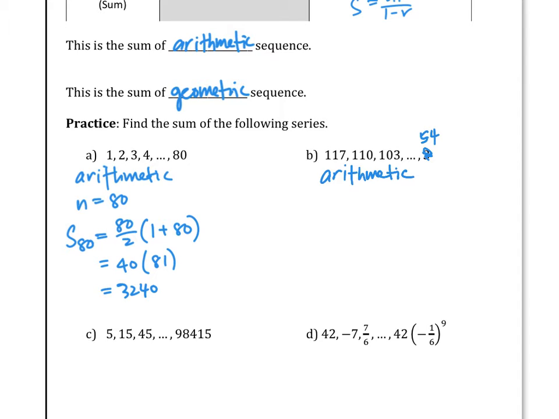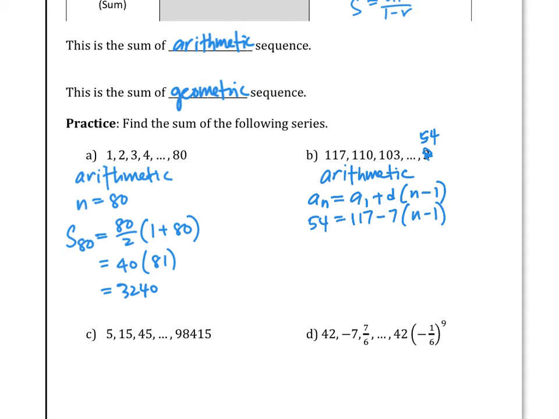Well, we don't really know what term number that is, so what we need to do is find out the term number. What we can do is start with the explicit formula, which is an equals a1 plus d times n minus 1. We don't know what n is, but we know the term is 54. So 54 is equal to 117 minus 7 times n minus 1.